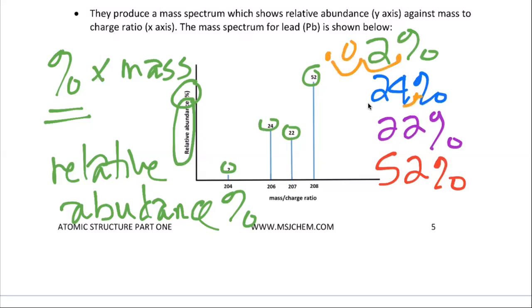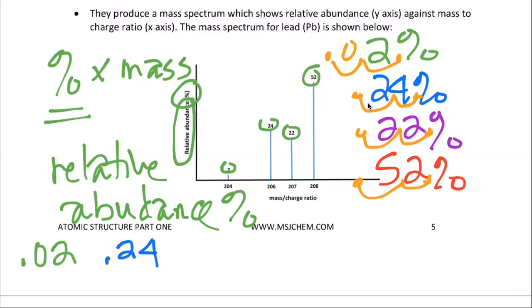Since all of these are whole number percentages, the decimal's at the end, and I just move it 2 places to the left. So when I put them in the problem, the first one is 0.02. The second one is 0.24. The third one is 0.22. And the last one is 0.52.